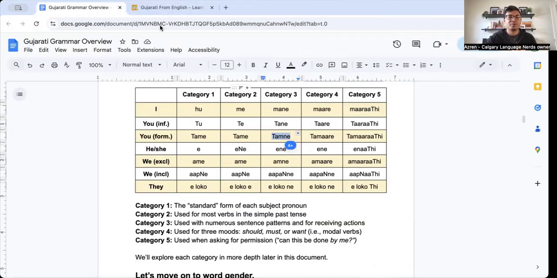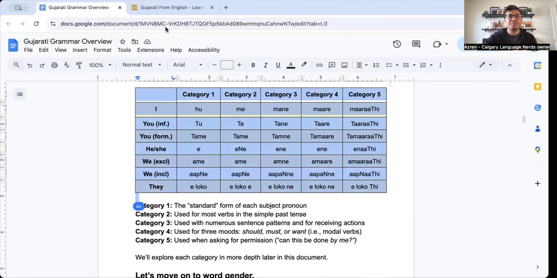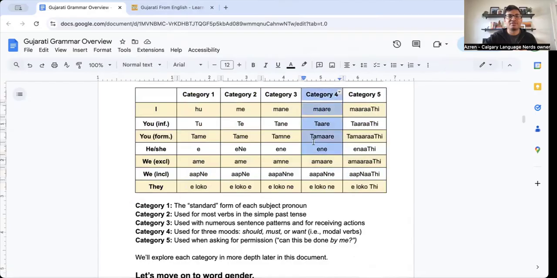Category 4 are for the words should, must, or want. Really easy. If you're ever saying should, must, or want, we're pretty much going to use these category 4 subject pronouns. And lastly, category 5, these are the ones you'll use the least. In fact, if you just forgot they ever existed, it's not going to cause you a problem in the Gujarati language.